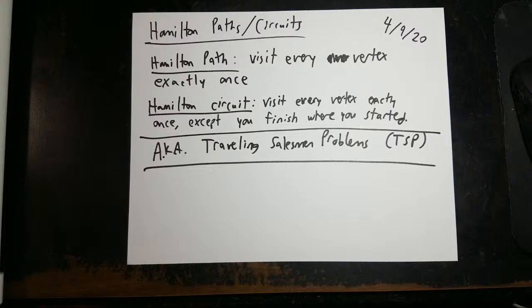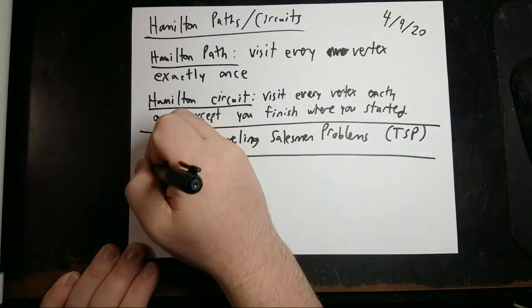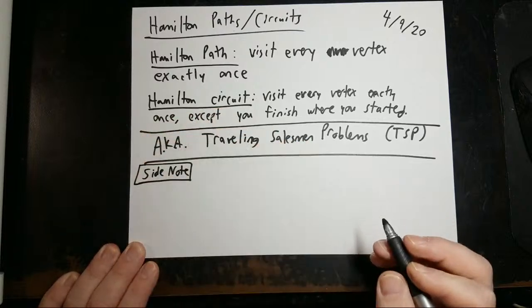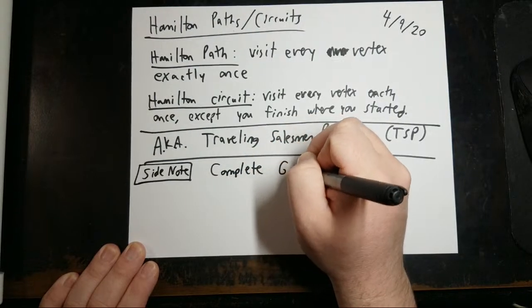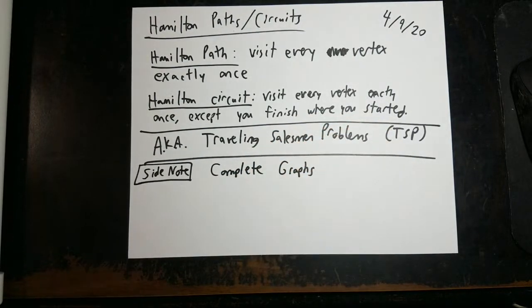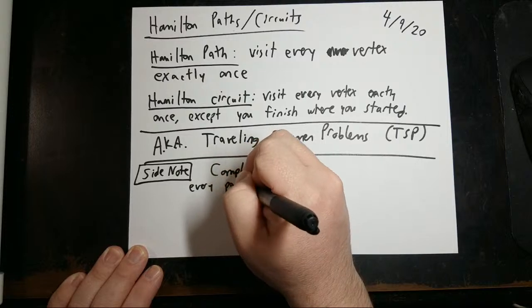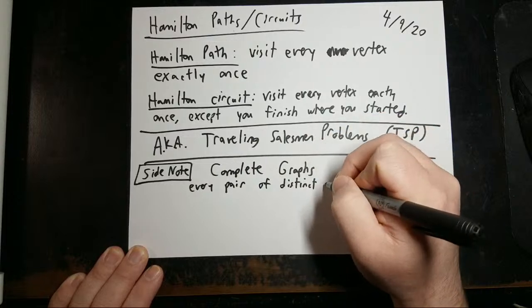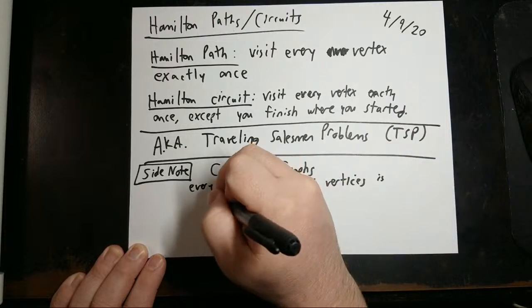As a side note, and this will come into play a little bit later. Side note. There is this concept known as complete graphs, where every pair of distinct vertices is joined by an edge.